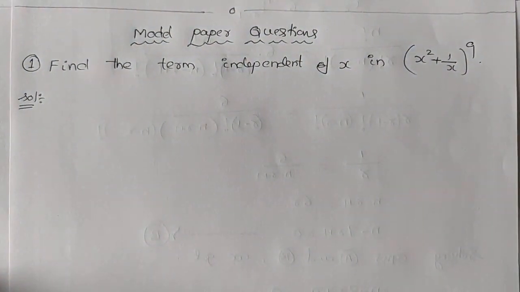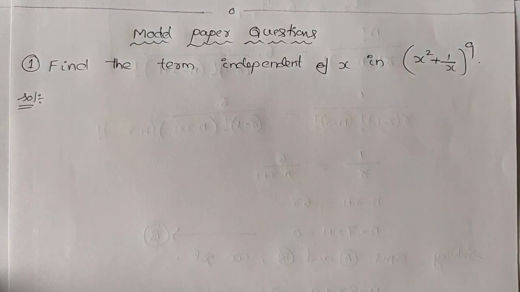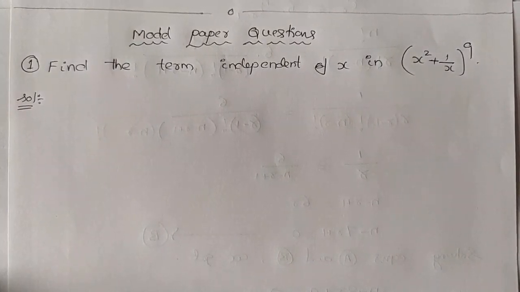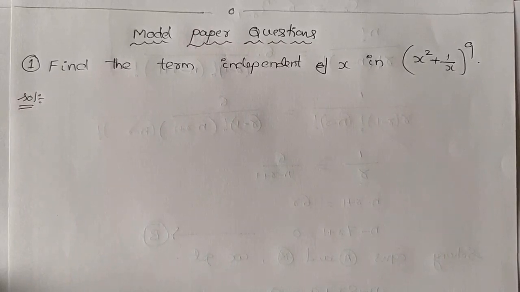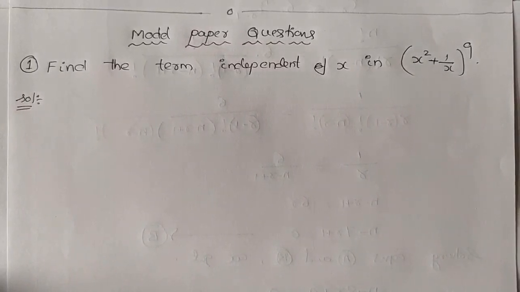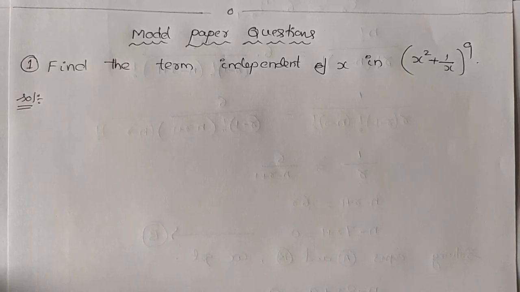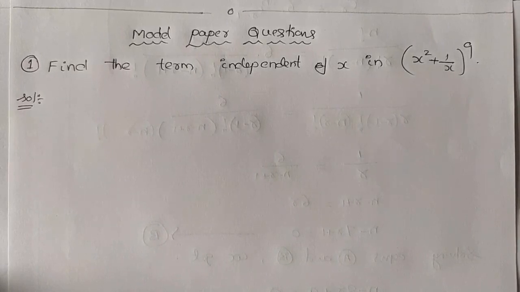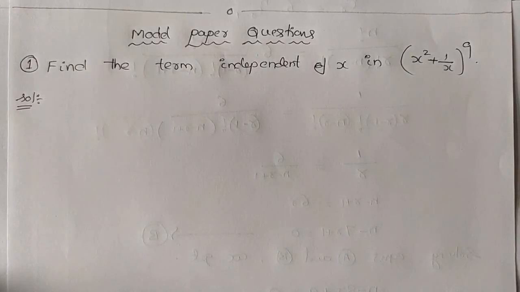We already solved two questions related to the term independent of x. This is also a question related to the same, what we have learned in our previous class. How to find the term independent of x? First step is what? We have to write the general term. After that, we have to simplify till 1 x comes.